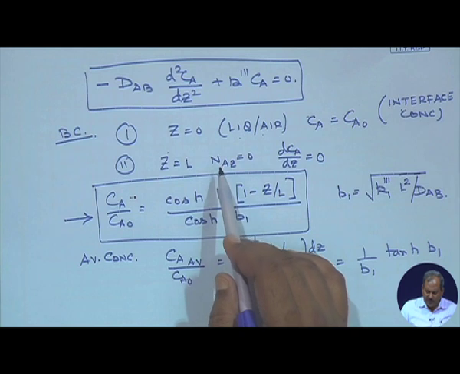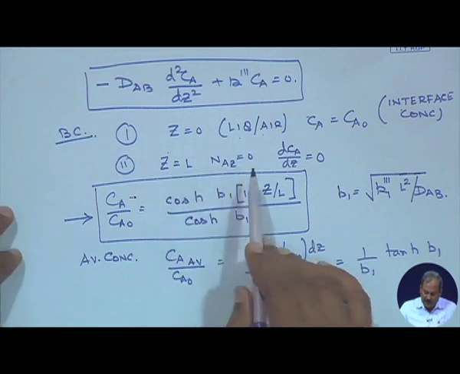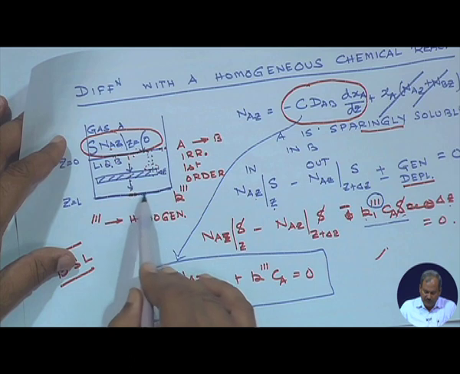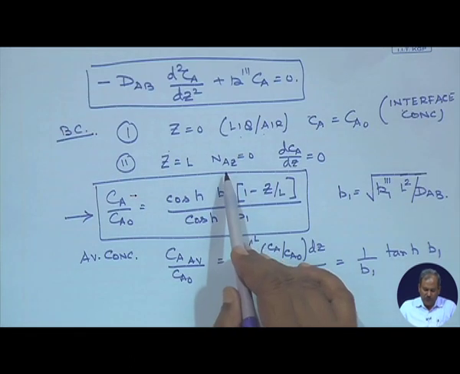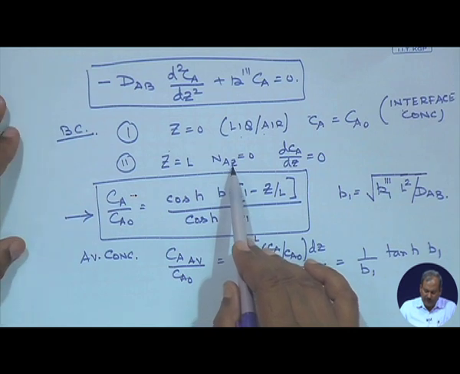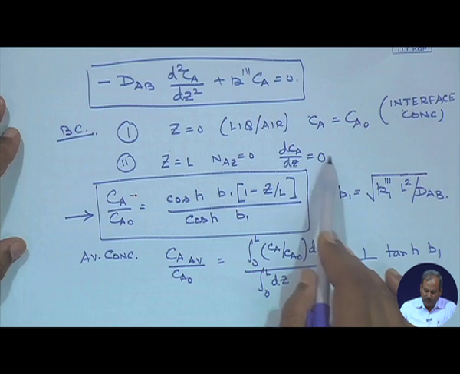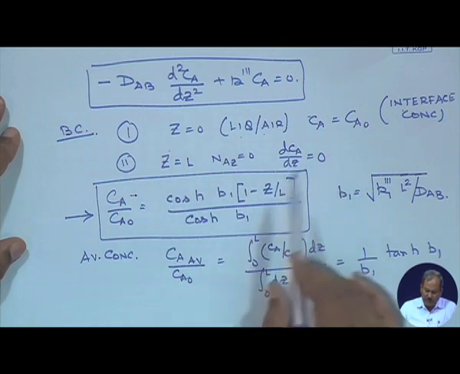And at the other end, at Z equals L, since this layer is impervious to the A molecules, the flux of A at that point would be equal to 0, and therefore dC_A/dZ would be 0. So, it acts like an adiabatic wall in the case of heat transfer.